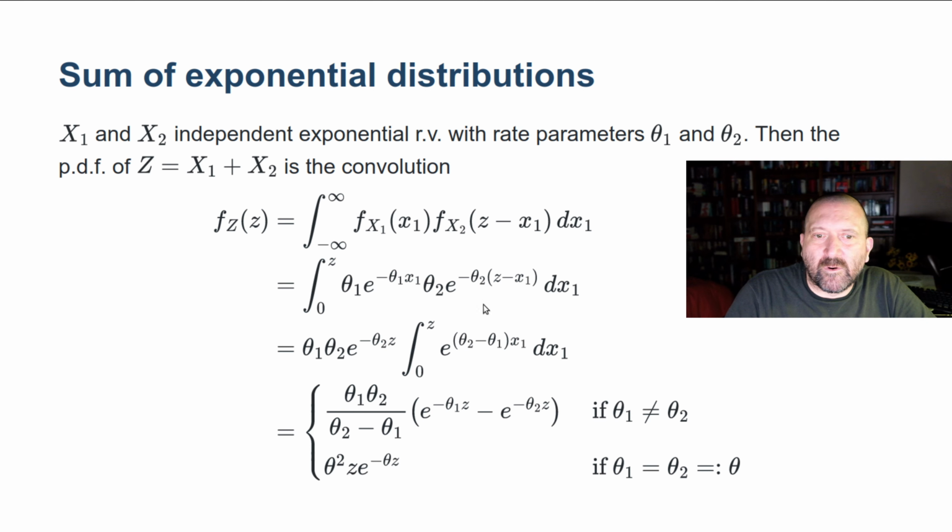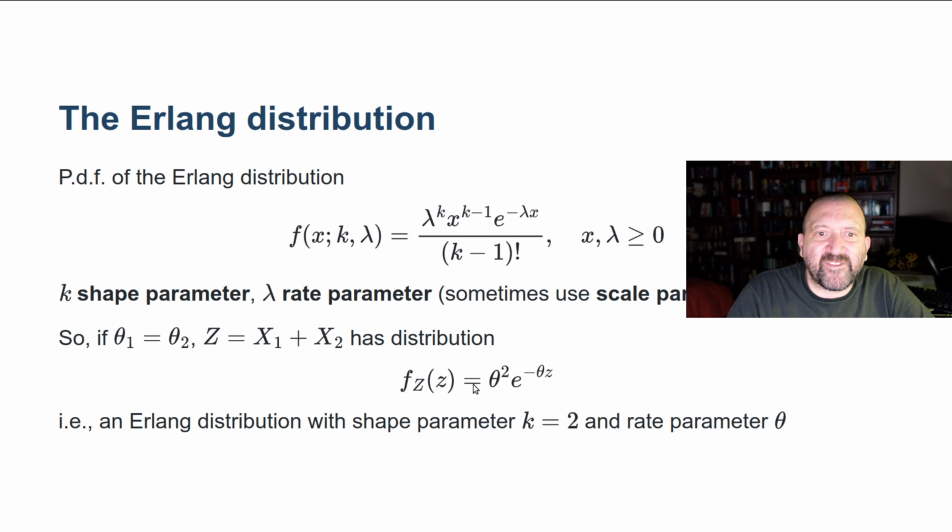Doing the computation, we find that if theta 1 and theta 2 are not equal, then we get this rather messy expression. But if they are equal to some value theta, then we get this, and this is an Erlang distribution with shape parameter 2.